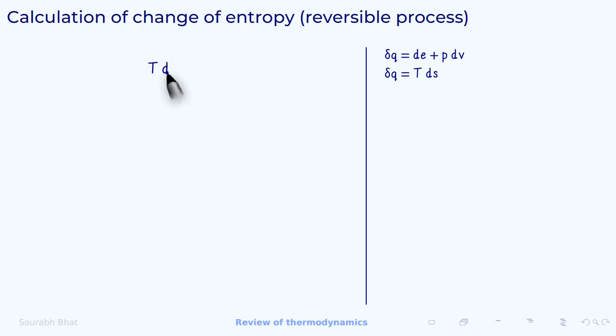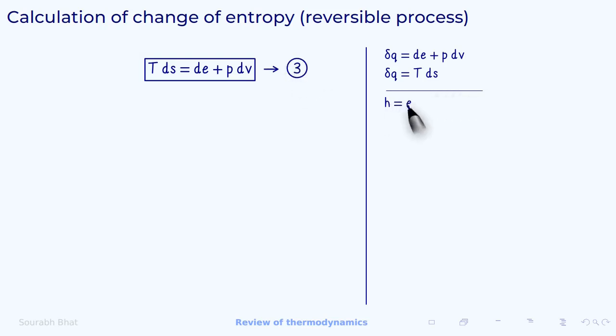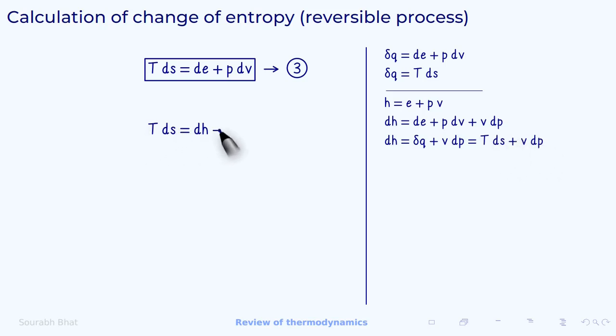Combining these two equations gives us TdS is equal to dE plus PdV. Taking a derivative of the enthalpy and combining it with the first and second law of thermodynamics gives us TdS is equal to dH minus VdP.